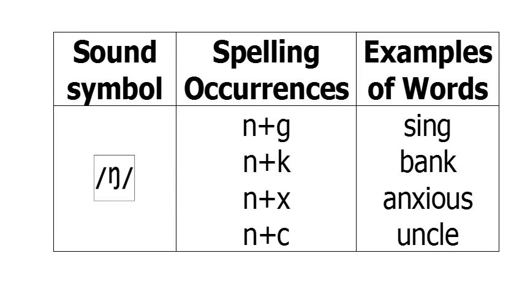This sound is pronounced ng. It is got from N when N is followed by G, K, X, or C. So we have sing, bank, anxious, uncle.